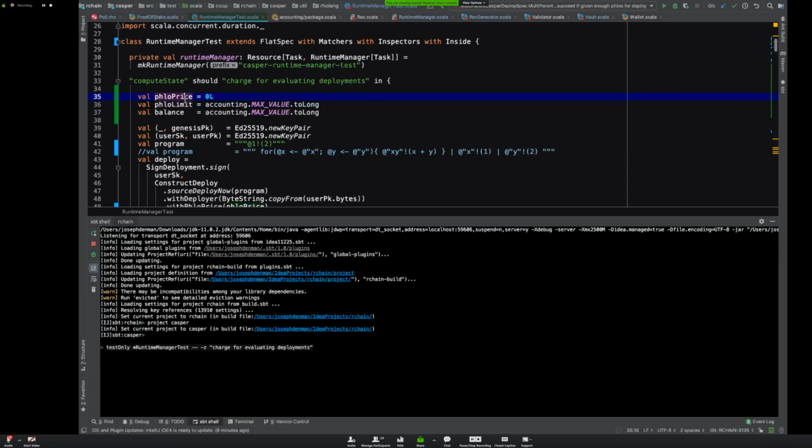And then, of course, the flow price, we're saying that each unit of flow costs us 0 rev. So this is a free computation that potentially runs for a long period of time. We're doing this just so I can demonstrate how much this would cost in terms of flow.